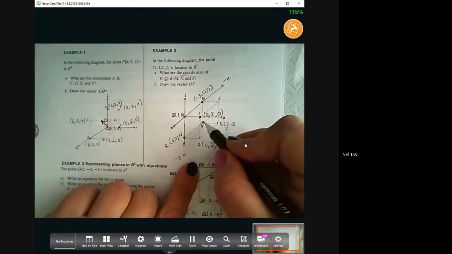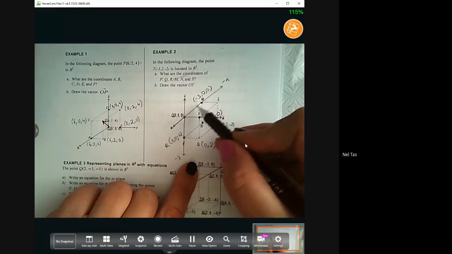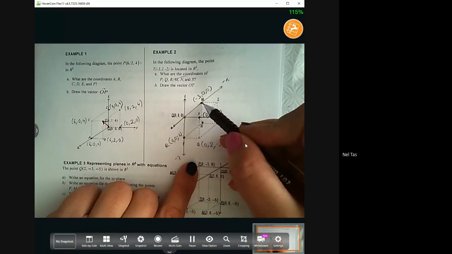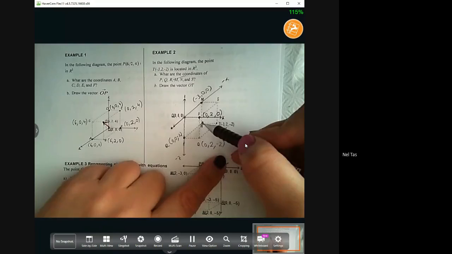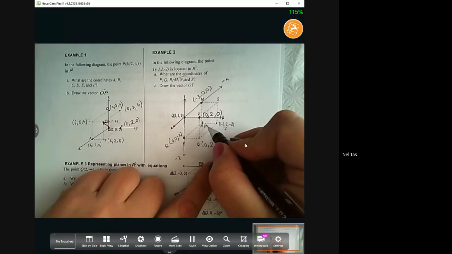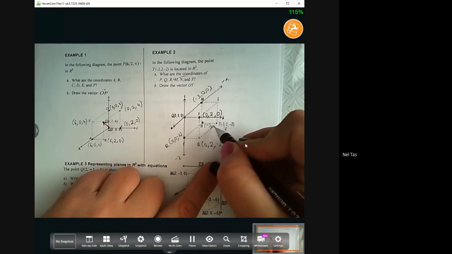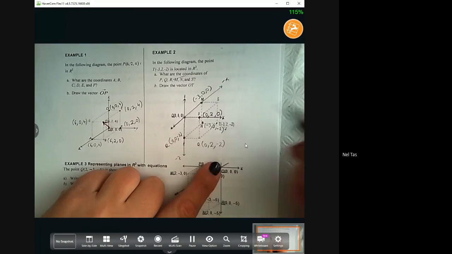Point N: to reach point N, you go -3 units on the x-axis, nothing on the y-axis, and you go down, parallel to the z-axis, 2 units. So x is -3, nothing on the y-axis, and then you have -2 on z.